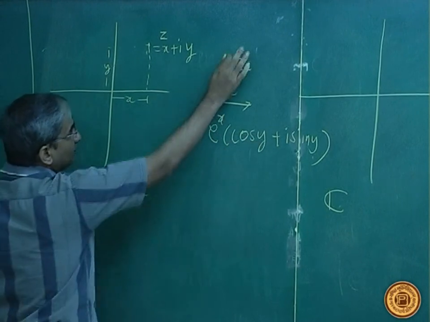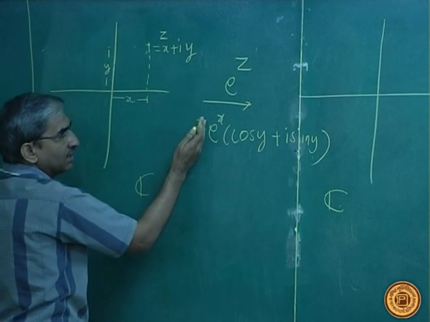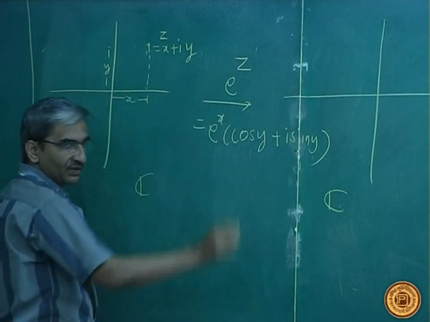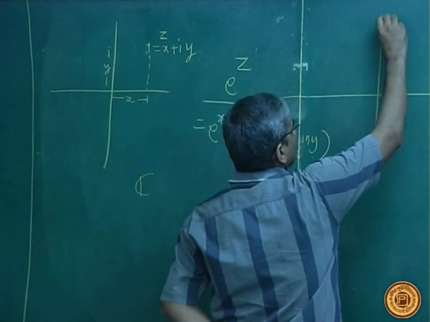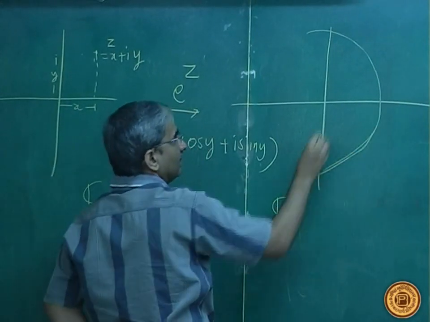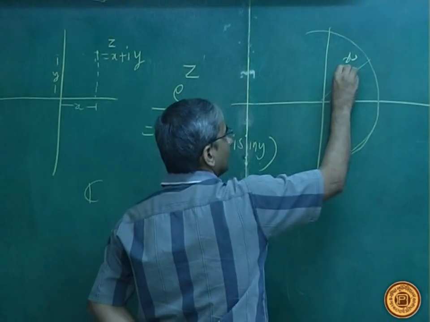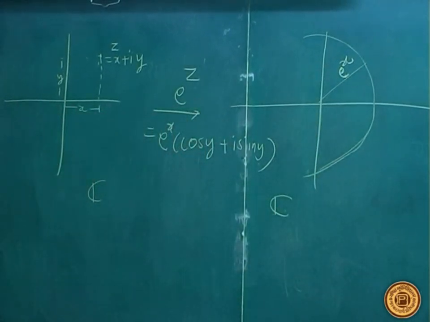So this e to the power z for this z will have absolute value e to the power x. But absolute value e to the power x means what? It will be on the circle with radius e to the power x. So suppose this is the circle with radius e to the power x.